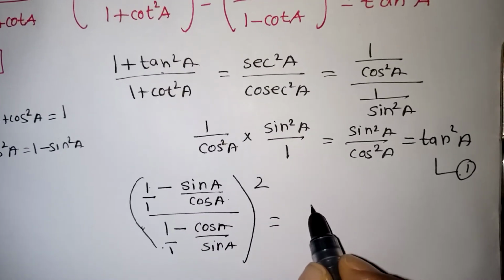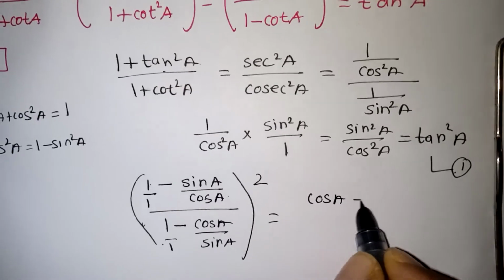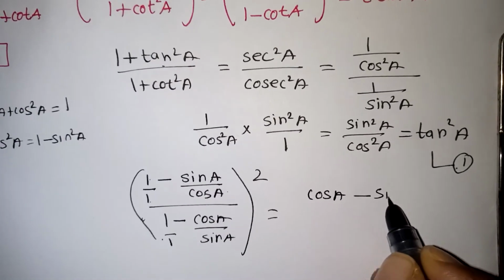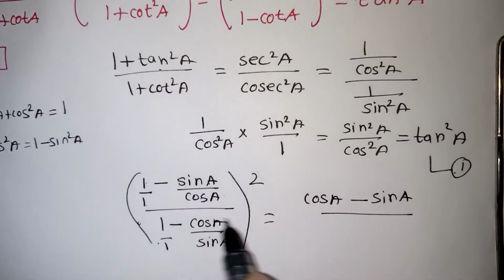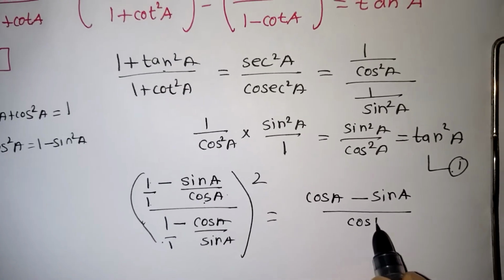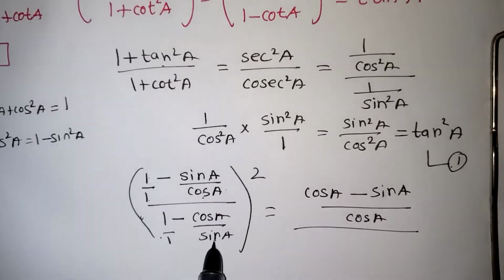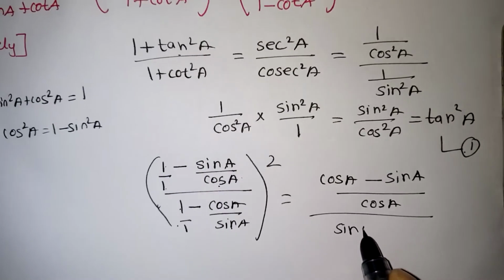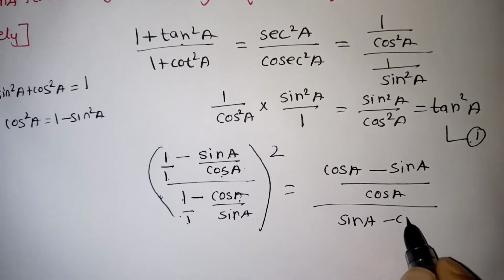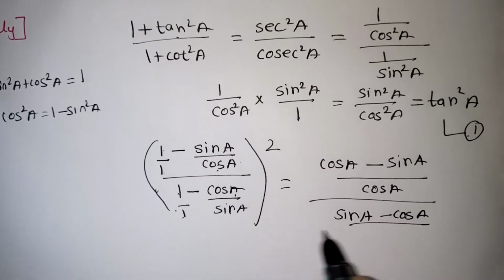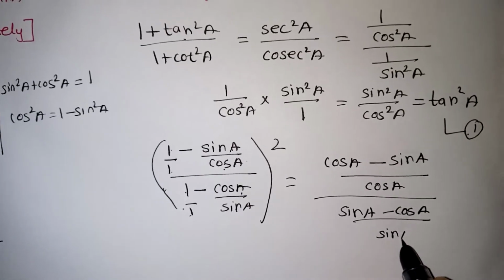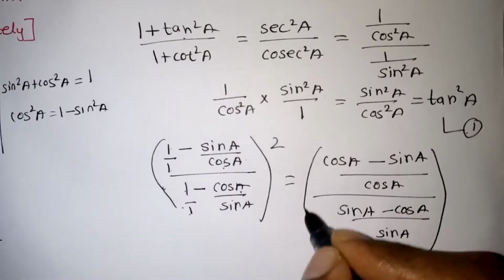Cos A into 1, cos A minus 1 into sin A, by 1 into cos A for the numerator. Denominator the same way, sin A into 1, sin A, minus 1 into cos A, by 1 into sin A, the whole square.